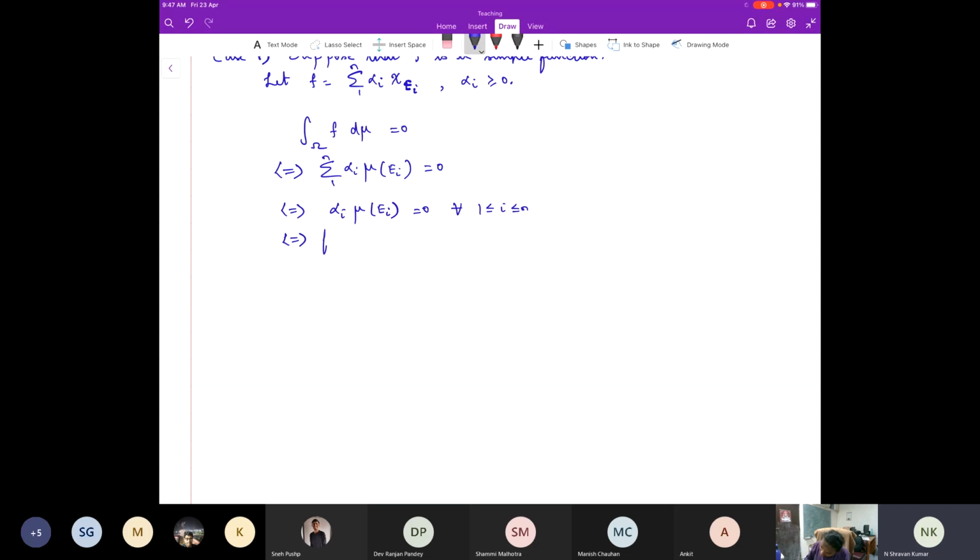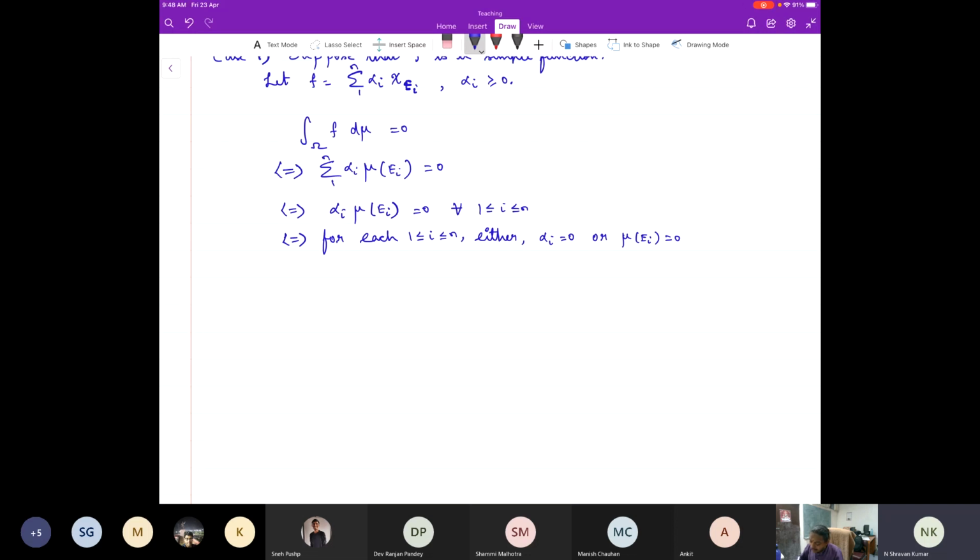So this is equivalent to saying that for each i with 1 less than or equal to i less than or equal to n, either alpha i is 0 or mu of Ei is 0. If alpha i is 0, then the value of the function at that point is 0.